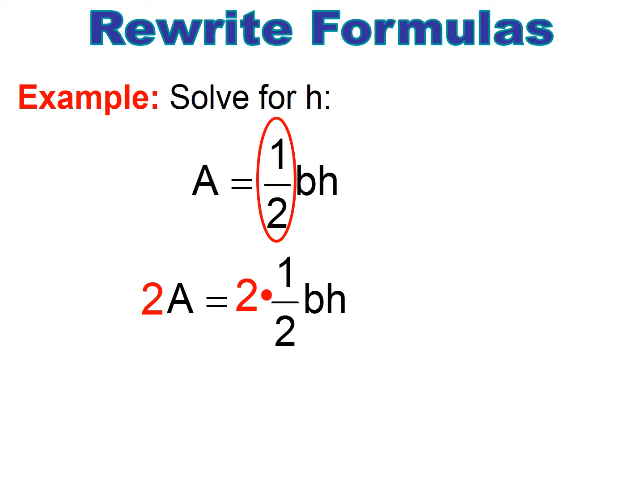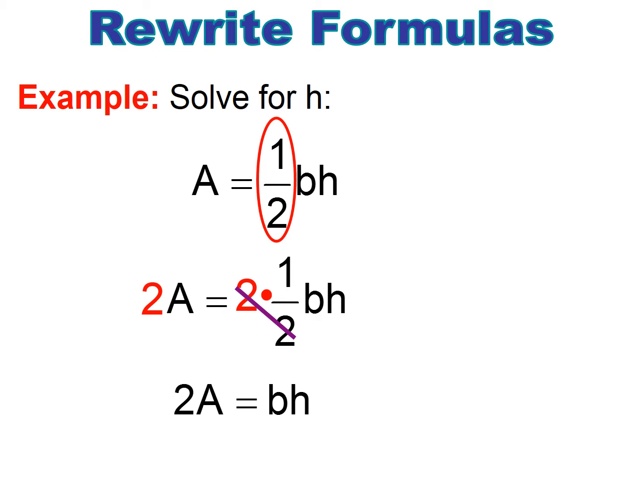So I'm going to multiply both sides by 2 to remove that 1/2 on the side that the h is on. You always want to make sure that you put the number in front of the variable. So we end up having 2a equals the bh. So you want to remove the fraction first, and so I multiply both sides by 2. The number goes in front of the letter, so I have 2a, capital A.